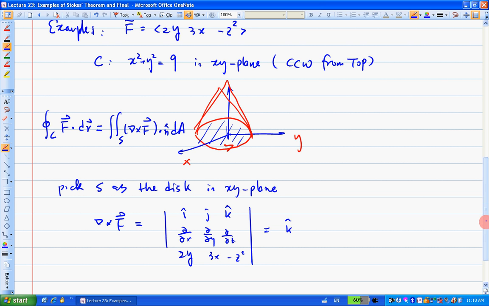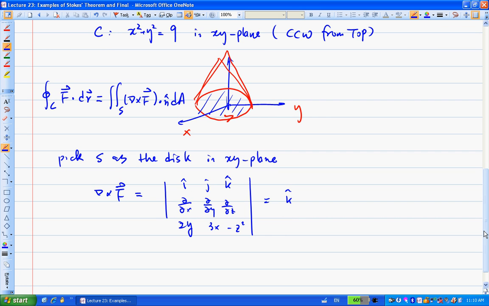So k hat, and then come back to this double integral, and we need this n hat dA for the calculation. So what's my surface? My surface is this disk here in the xy plane. Then there comes the question now: what direction shall I pick for the n hat? Because there are two directions, right?